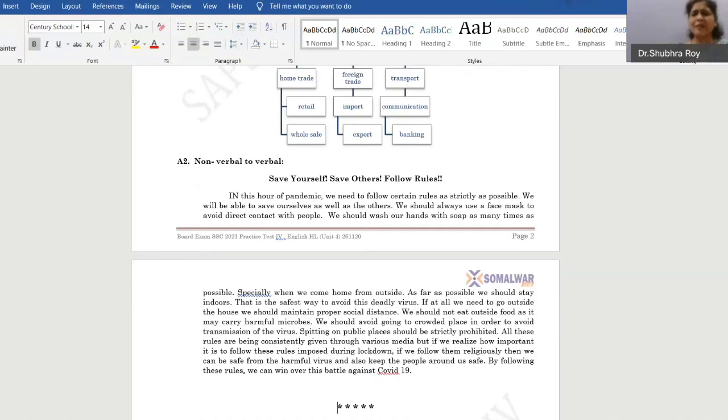You can use your own sentences here and it will be your own composition, but the points have to be taken from the question. Whatever points are given in the activity, those points you have to take. You can add on to your points. The sentences will be your own construction, provided your sentences are grammatically correct and there isn't any spelling mistake.